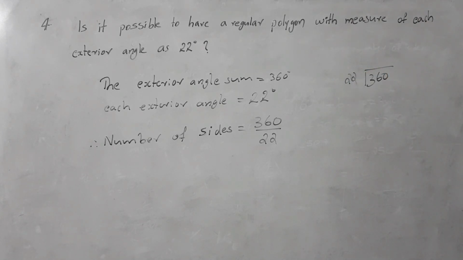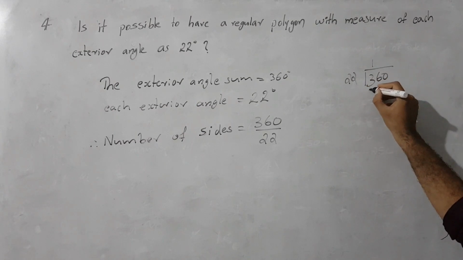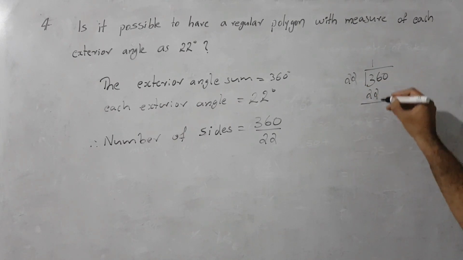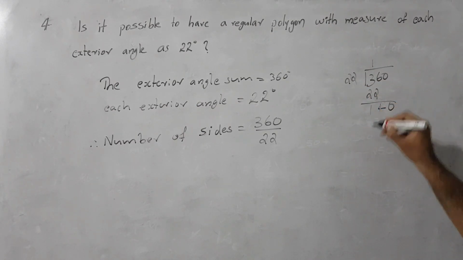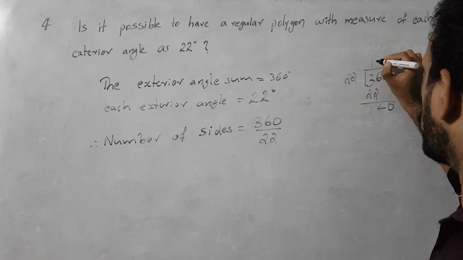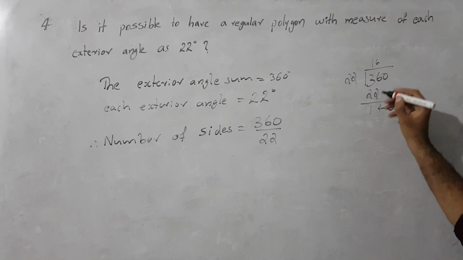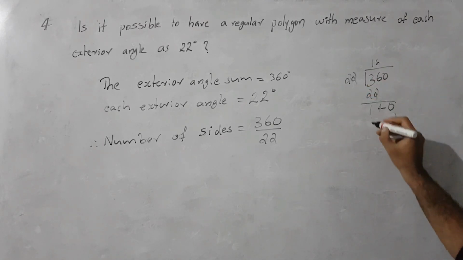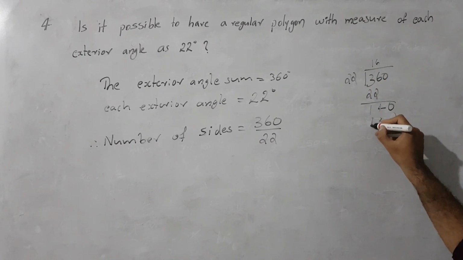1 times 22 goes to 36. 1 times 22 is 22. Then 140. How many times does 22 go into 140? 6 times. 6 times 22 is 132.